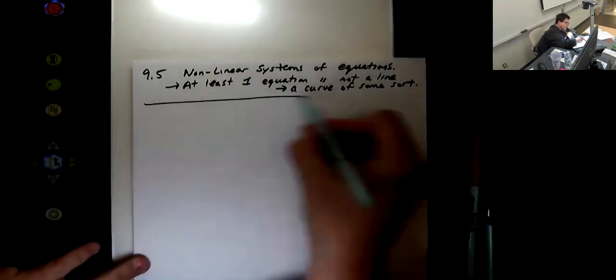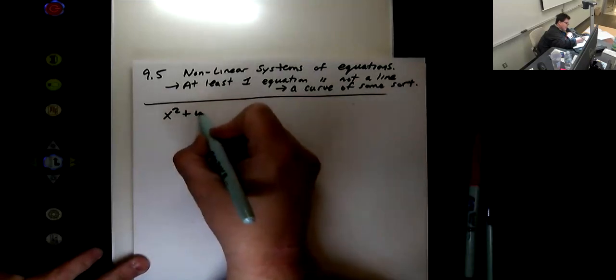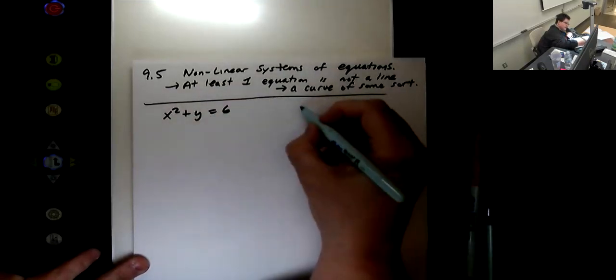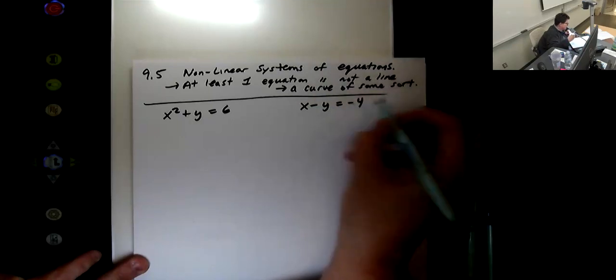For example, x squared plus y equals 6, and x minus y equals -4.